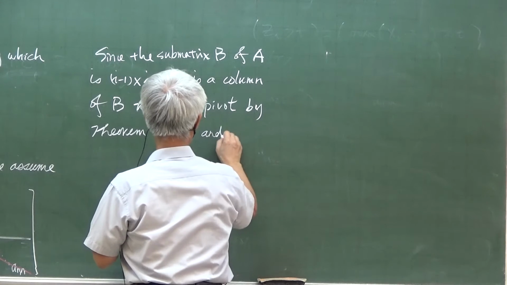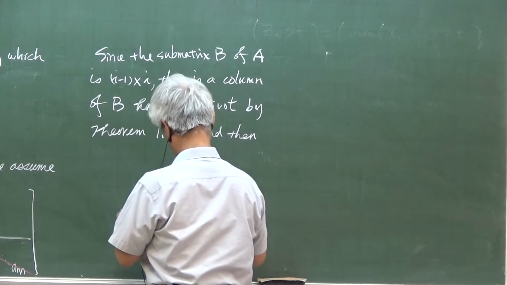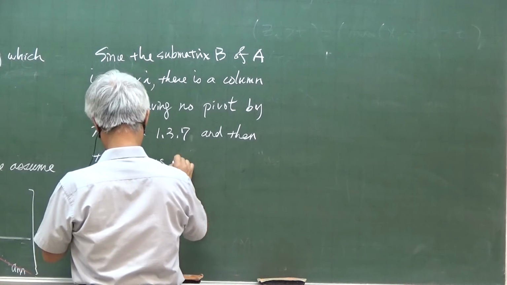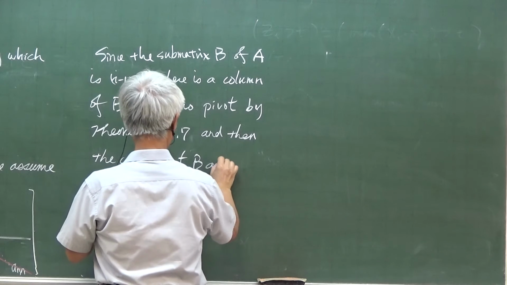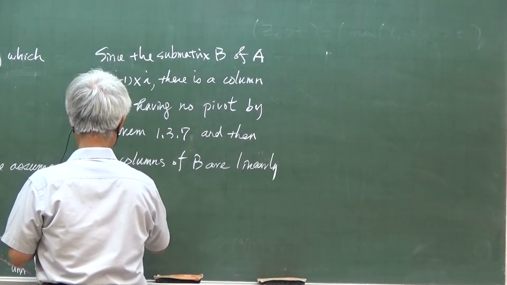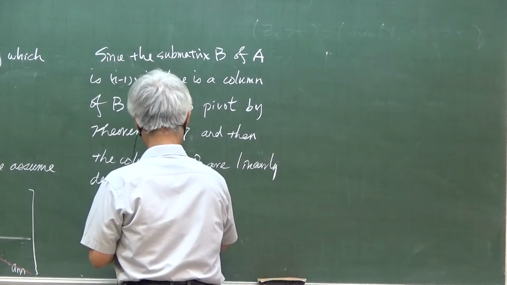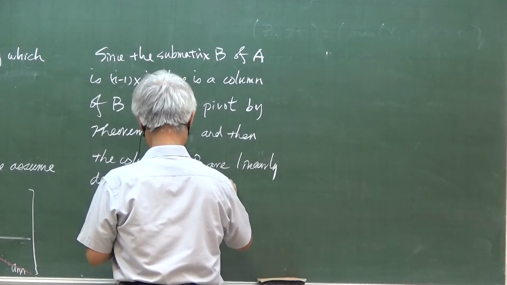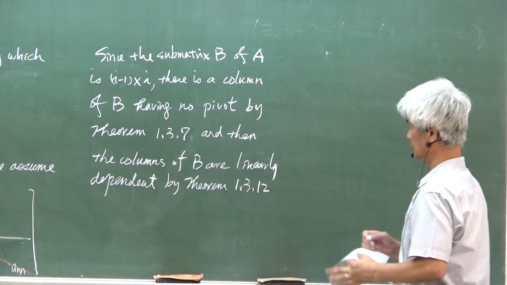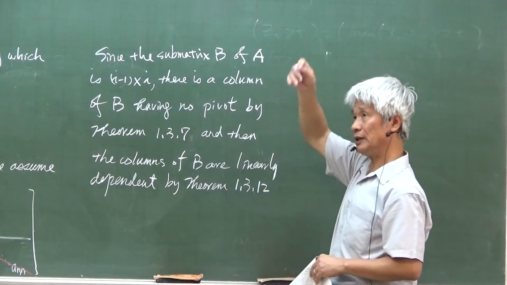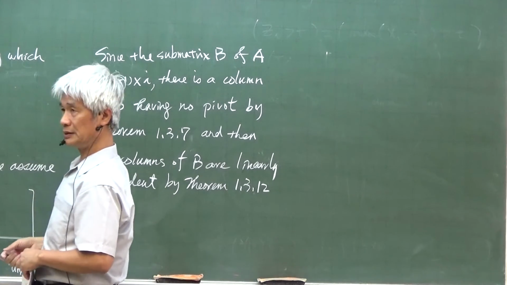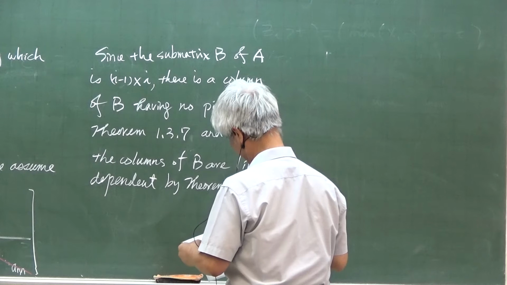And then the columns of B are linearly dependent by theorem 1.3.12. So we learned 1.3.12 before: if one of the columns has no pivot, then these columns must be linearly dependent.